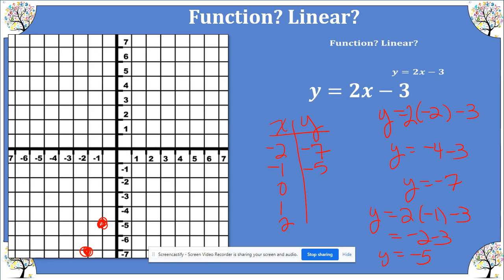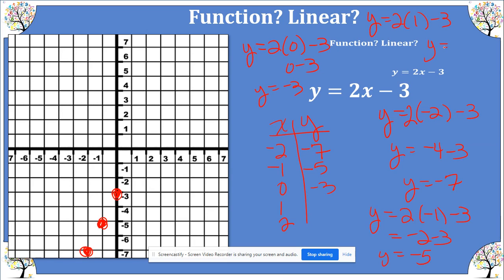And again, this should create a line. These should line up. Then when I put in 0, y equals 2 times 0, which is 0, minus 3, and my output is -3. So 0, comma, -3 is here, and I can see these are lining up. Now we put in a 1, so y equals 2 times 1 minus 3.